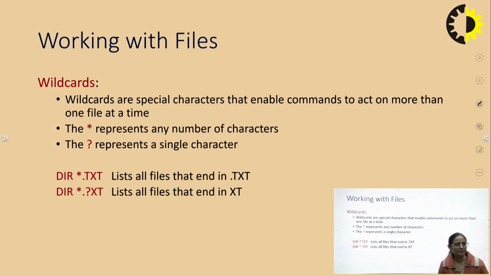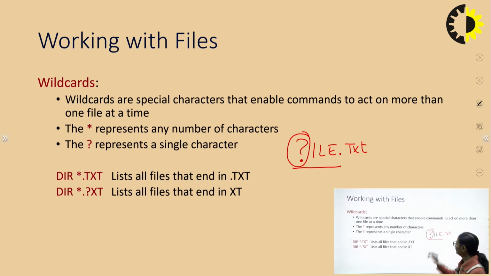To work with files, we have a concept of wildcards, that is, special characters which enable the commands to act on more than one file at a time. The star or asterisk represents any number of characters, and the question mark represents a single character. For example, if I give ?ile.txt, it says the file name is 4 characters long, and the first character could be any.